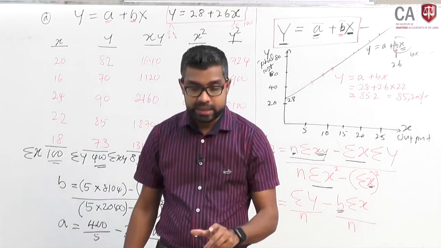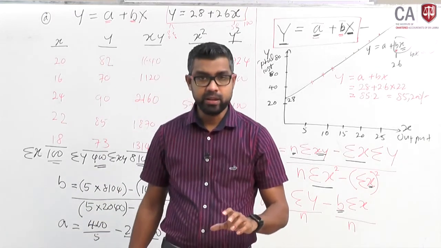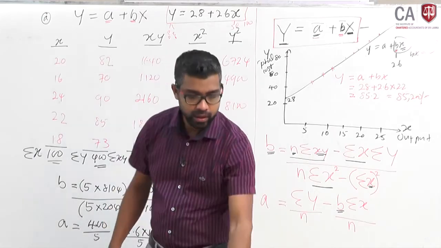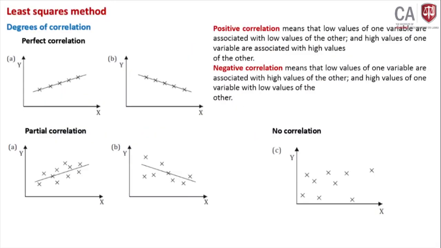Right? We need to discuss the correlation coefficient. Look at this slide. This has been properly explained. Degree of correlation. Let me erase this. We have done this, therefore I can erase. Right.